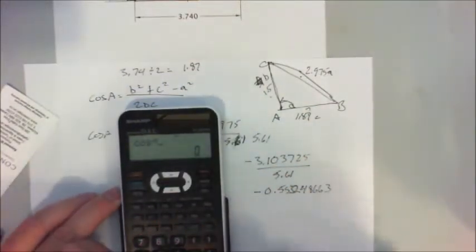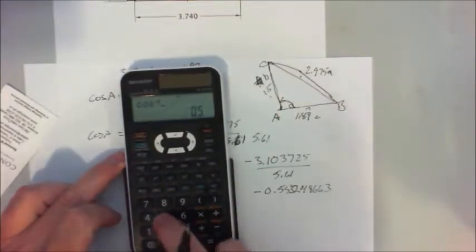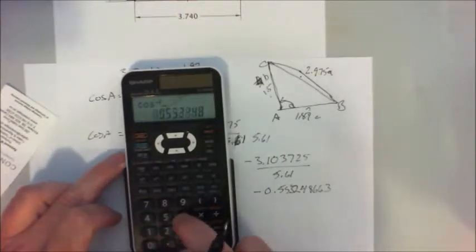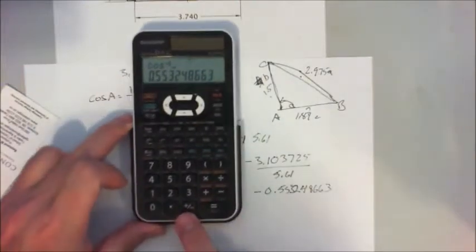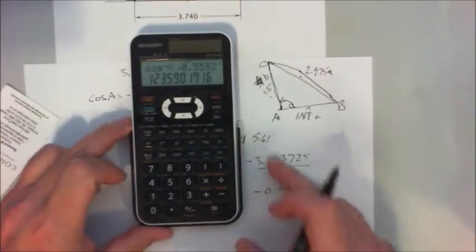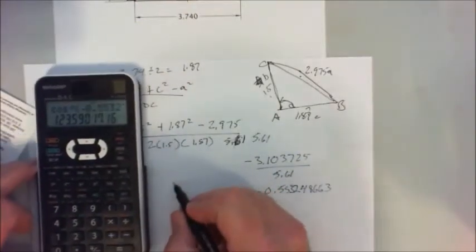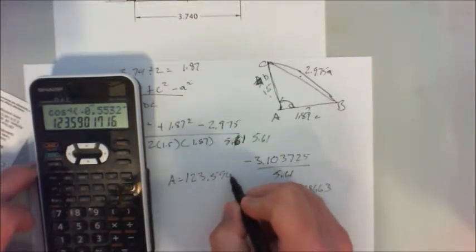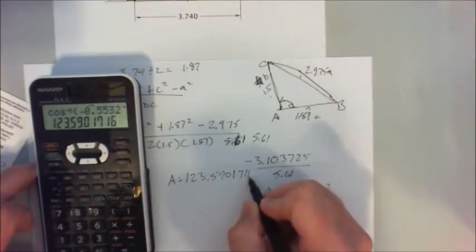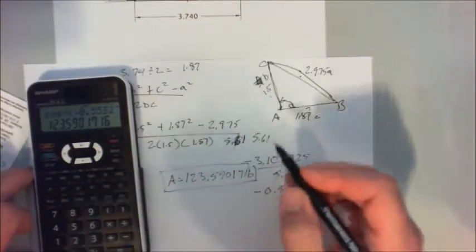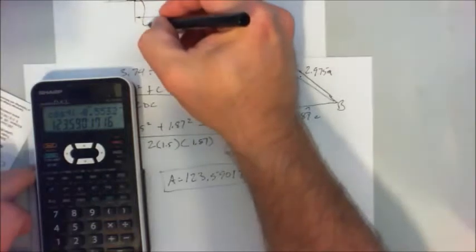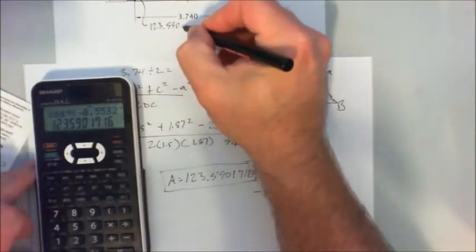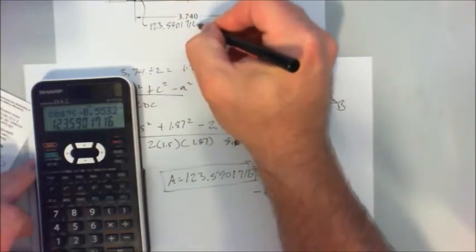Second function, cos of negative 0.553248663 equals. A equals 123.5901716.